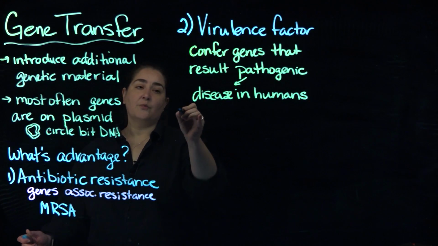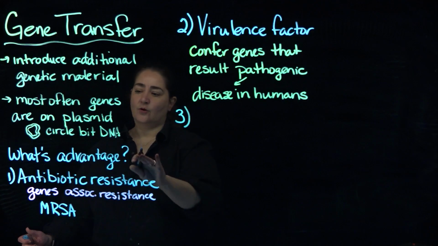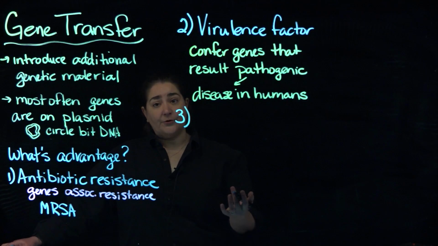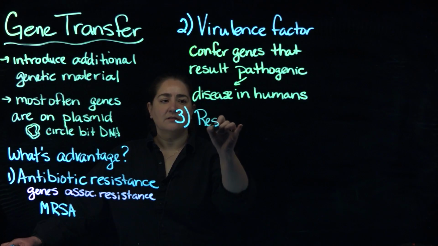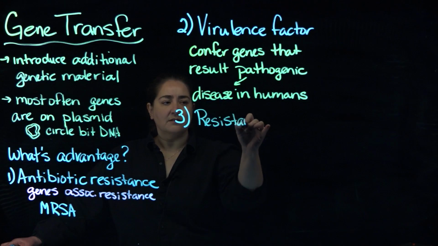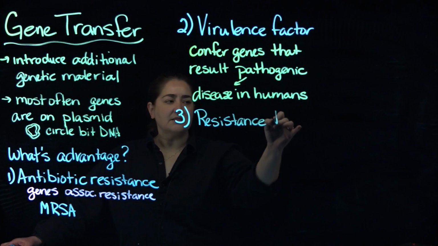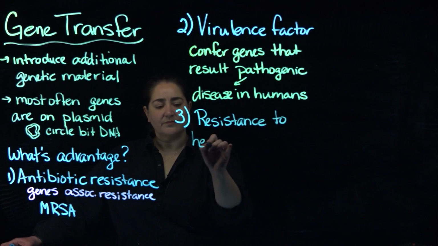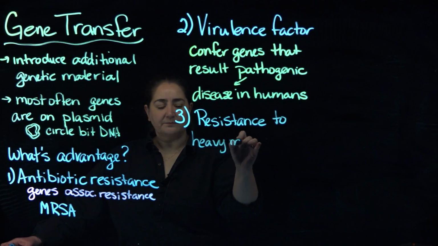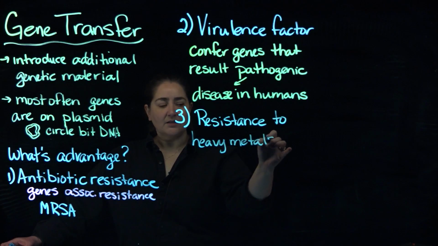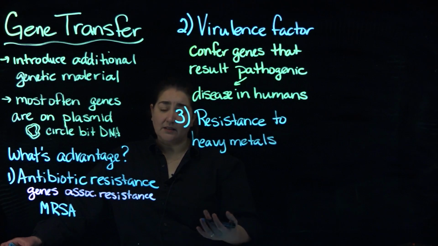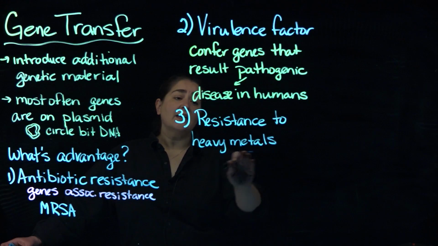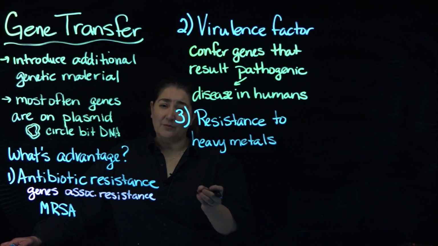The other mode or advantage that can be conferred genetically, again, gets to resistance. And in this case, it's resistance to heavy metals. So with the heavy metals, we're not talking like heavy metal hairbands, so we're not going Metallica or Poison. We're talking heavy metals as far as in the environment.